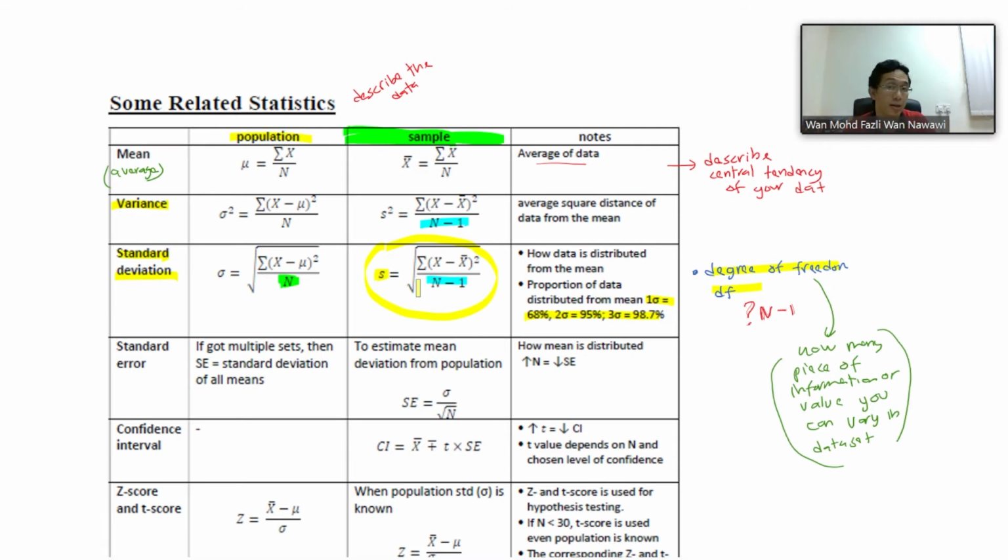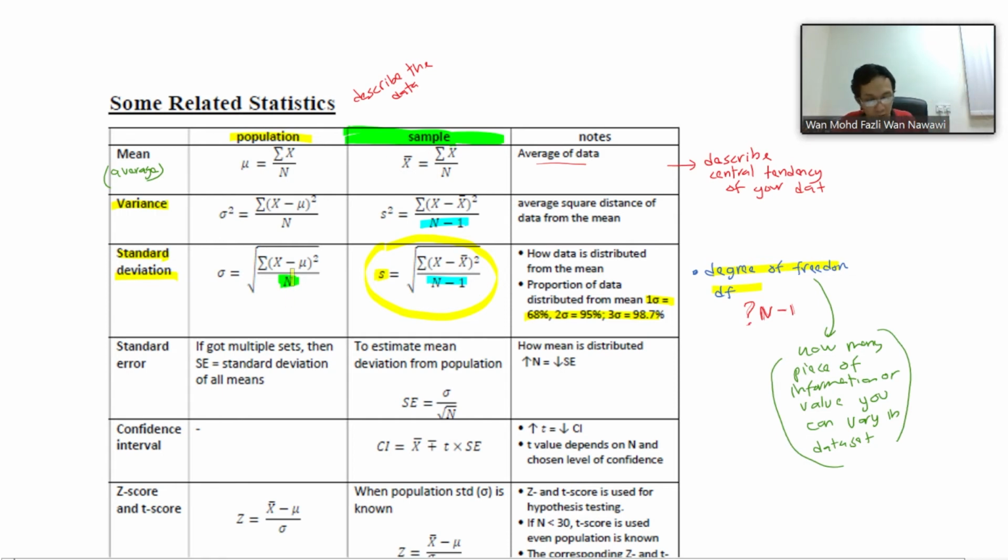So now you understand: if you have a sample size of 100, the degree of freedom is 99. So that's why n minus 1. Remember, you don't know the population n. For example, the number of individuals in Malaysia. Even if you do a census, trying to knock on every door in Malaysia, maybe you miss someone.